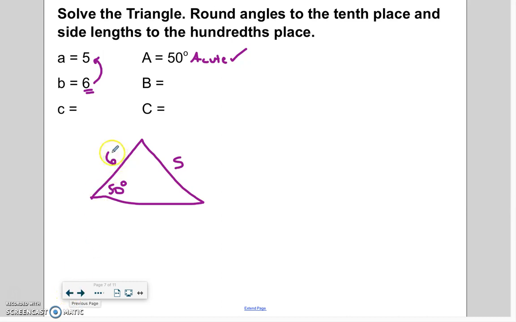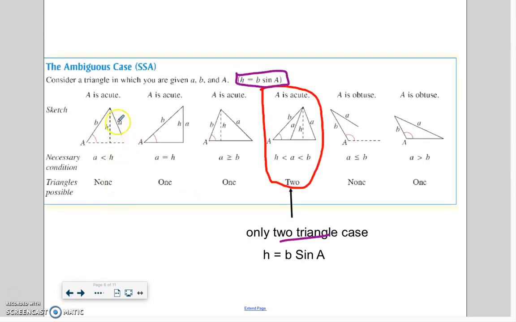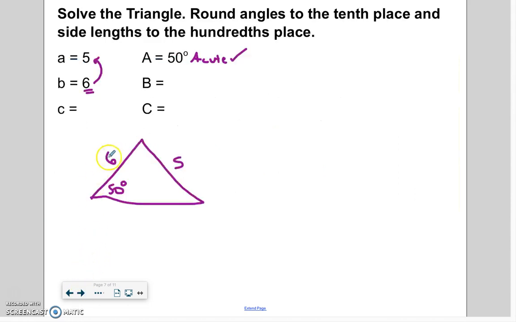So since B is greater than A, we're going to go back to our cases here. Since B is greater than A and we have an acute angle, we either have two triangles, one triangle, or none. So we've done that. We checked that part. We're given a side-side angle relationship, so two S's and an angle.